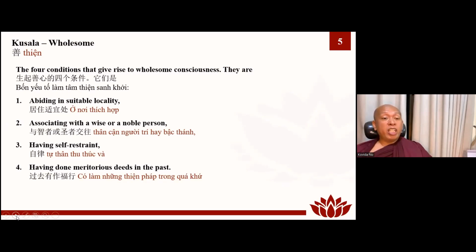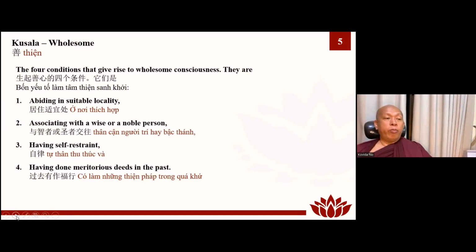If we live in a bad community, although we behave very well, they will not accept it. So anyway, environment can also affect our practice, our lifestyle. That's why we need a good environment. That's why the Buddha says, abiding in a suitable locality. Even for our meditation, we need a good place, a good environment.